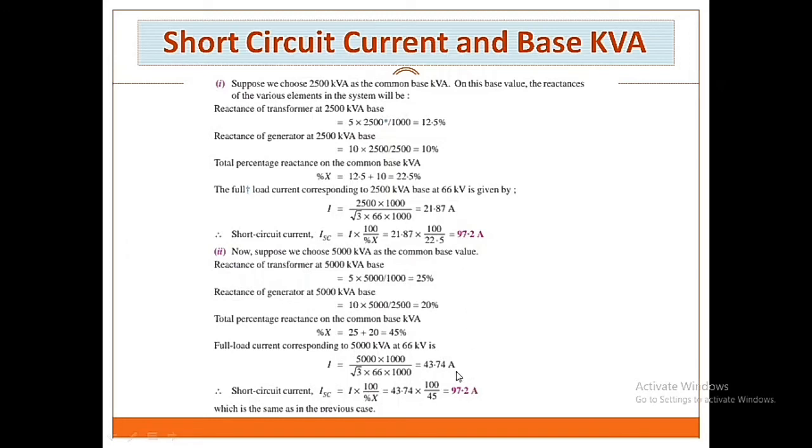Now in both cases the short circuit current is same. In first case the base kVA is 2500 and in second case the base kVA is 5000 kVA. So irrespective of the value of base kVA, the value of short circuit current will be the same.